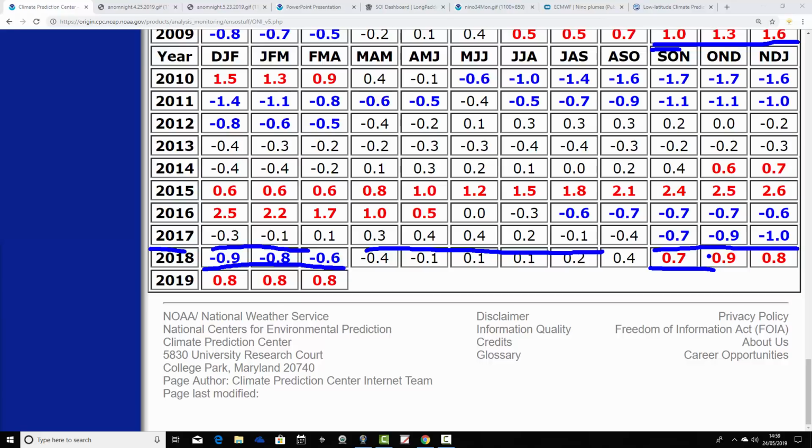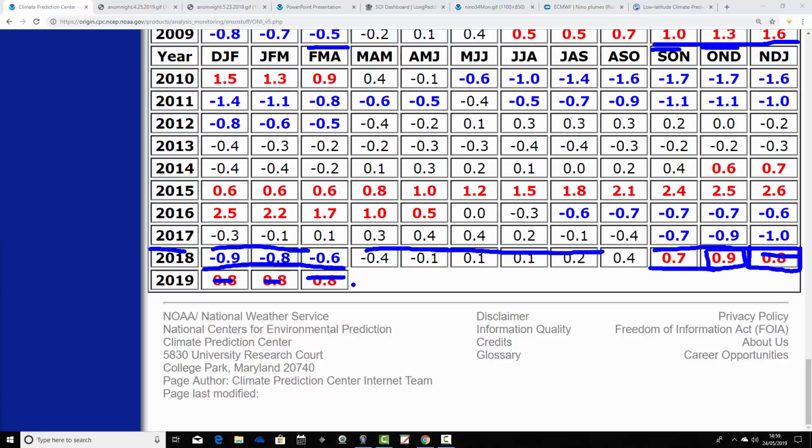And then the peak of this El Nino event actually occurs quite early: October, November, December is 0.9 degrees above average. This is a very, very weak event, by the way. I say that's the peak, but that is a really, really weak peak. Since then, the temperature's been very stable at 0.8 degrees for 1, 2, 3, and the latest tri-monthly period for February, March, April, 4 tri-monthly periods.